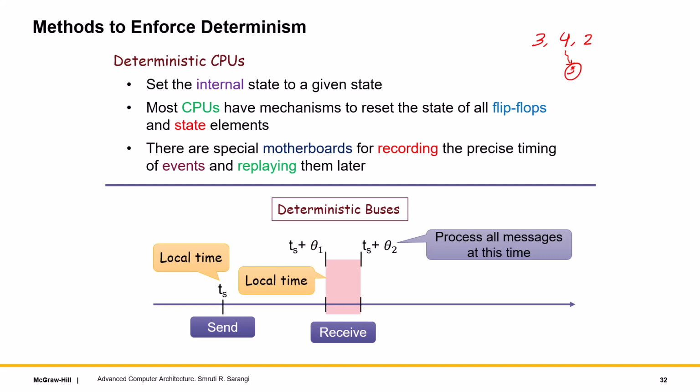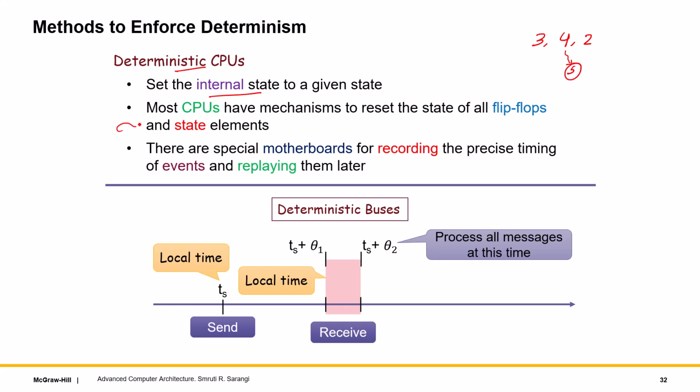So to ensure that these things don't happen and a strict timing contract is maintained between all the chip elements within the CPU and the CPU itself, we would like some determinism, which means that if I set the internal state to a given state and then I run a program, then the final internal state should be exactly what I want it to be.